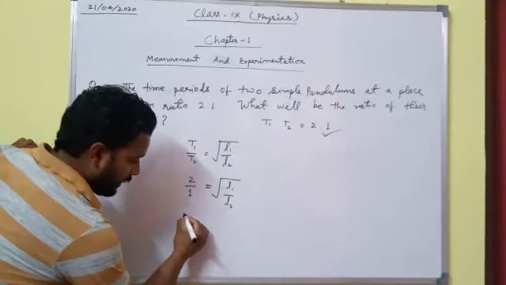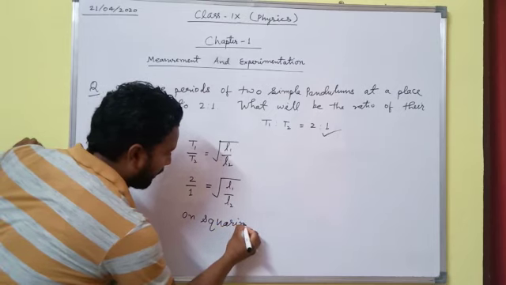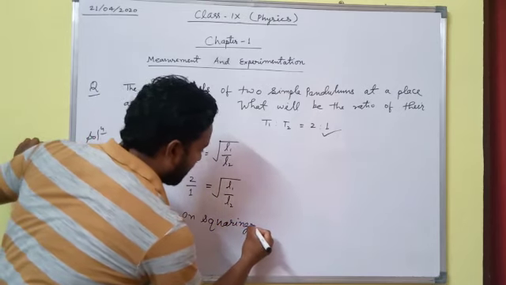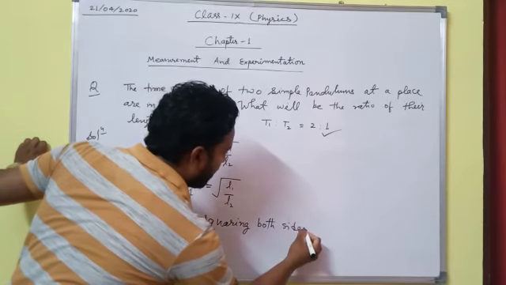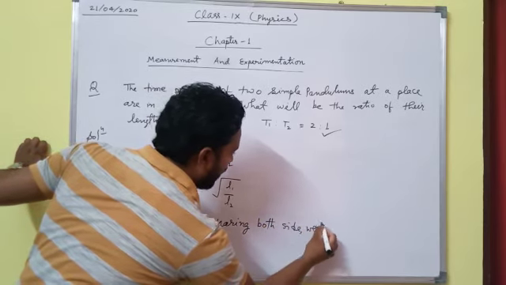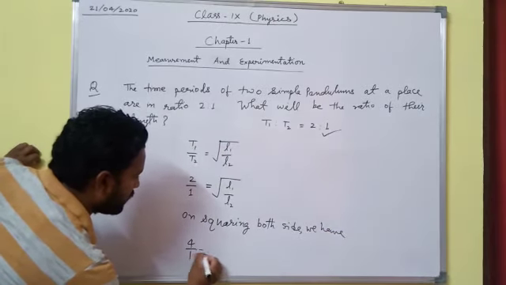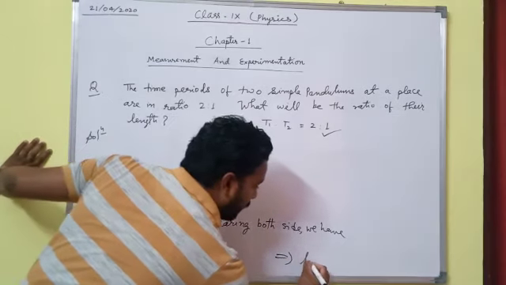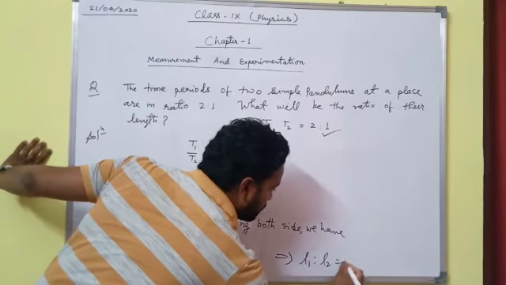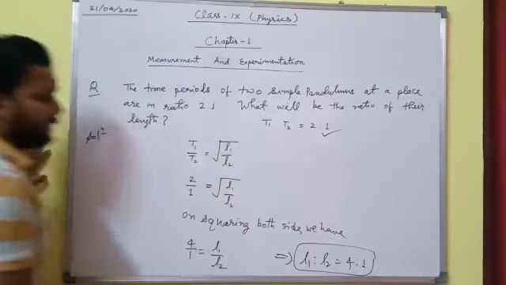On squaring both sides we have 4 upon 1 equals L1 upon L2. So L1 ratio L2 is 4 ratio 1. This will be the correct answer.